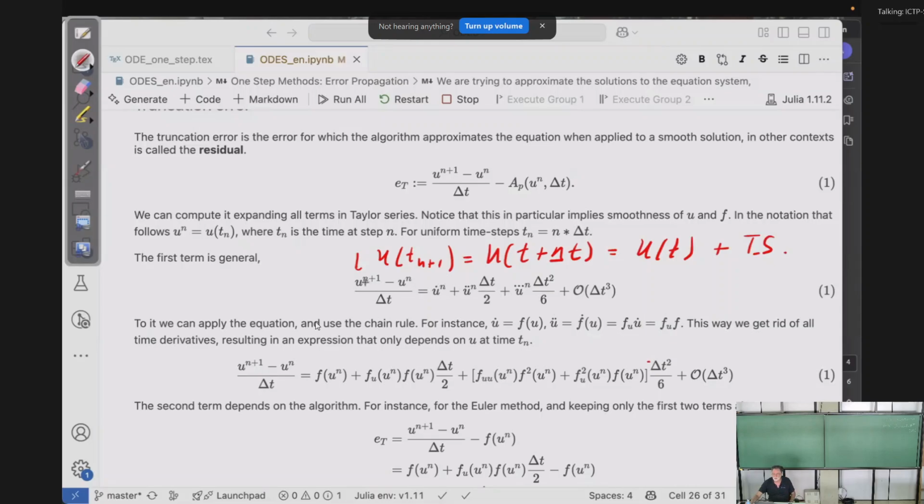You get u dot plus second derivative times delta t over 2 plus third derivative times delta t squared over 6 and so on. And now we use the equation. Every time we see a u dot, we replace it by f. If we have a u double dot, this is f dot, which you write as the partial derivative of f with respect to u times u dot, and this again is f of u times f, and so on. So when you do this calculation, you get this line here.